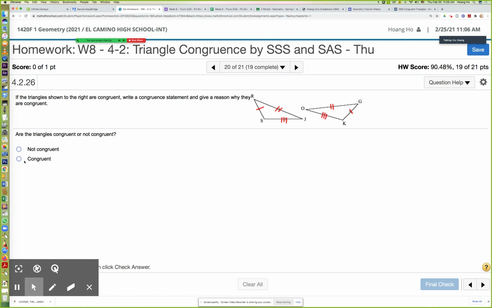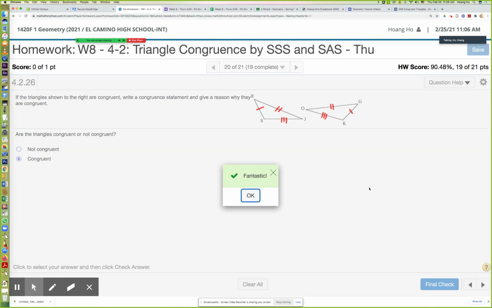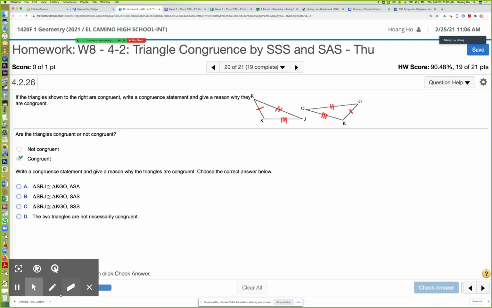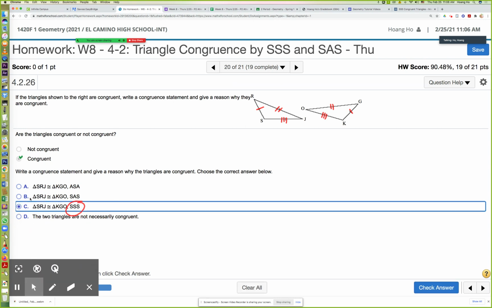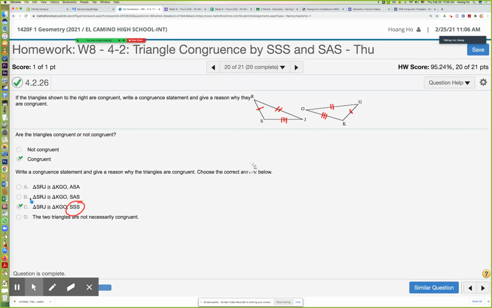So I just choose congruent, and these two triangles are congruent by SSS. The name they already give to you, so you don't have to check the name. I just choose the name that goes with SSS, and then we're done.